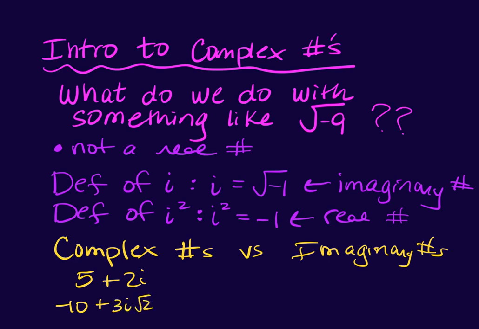Something attached to an i, and then something that's just purely real. When we talk about imaginary numbers, we're really talking about things that are purely imaginary, like 3i, or -7i, or i radical 5. All things like that are purely imaginary.